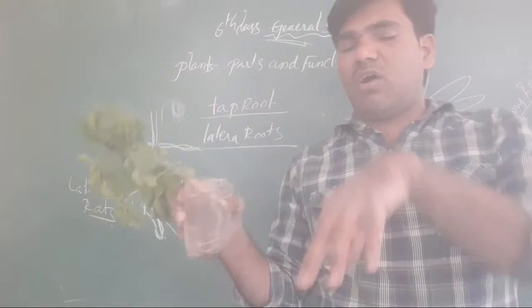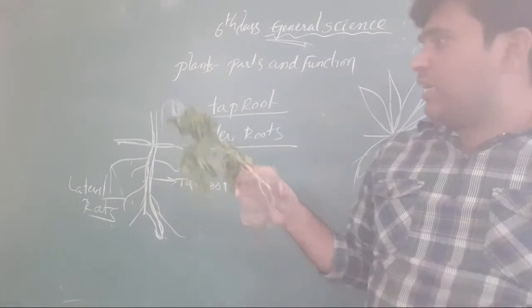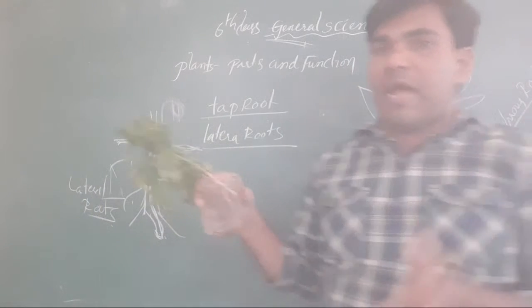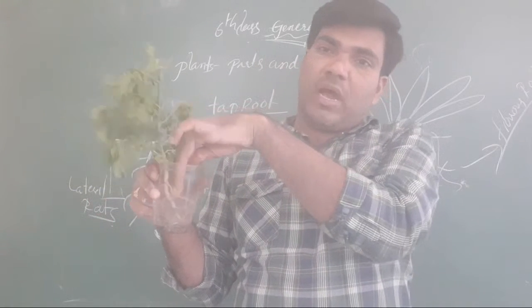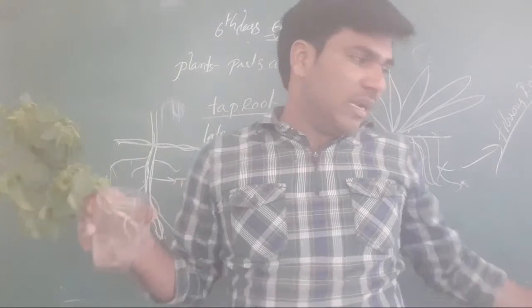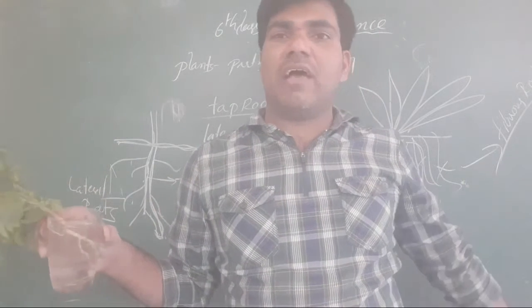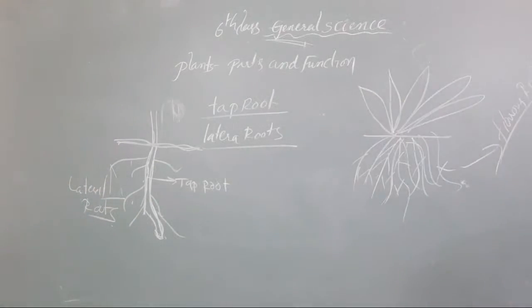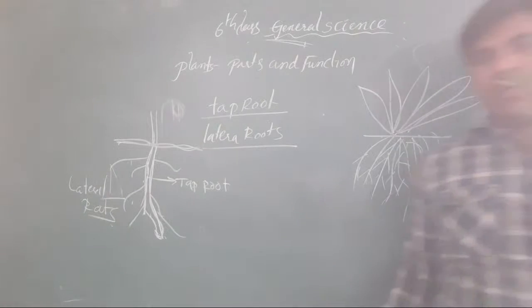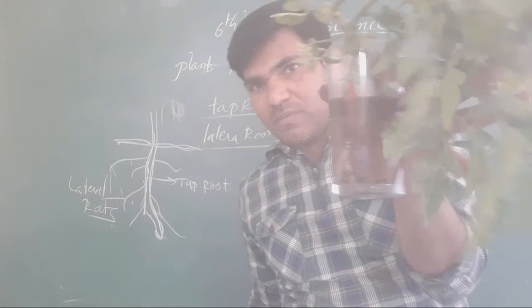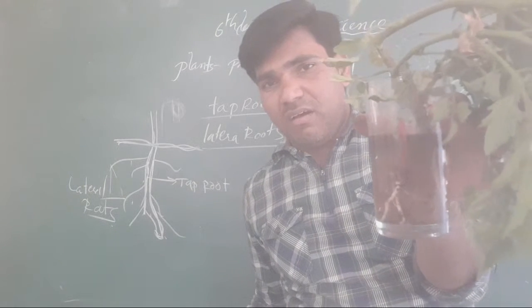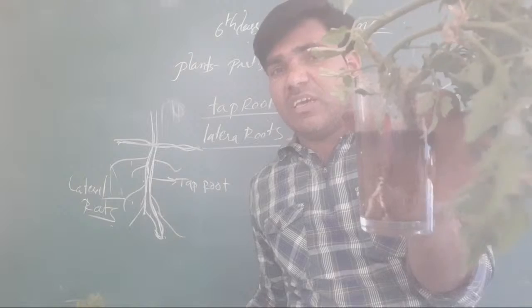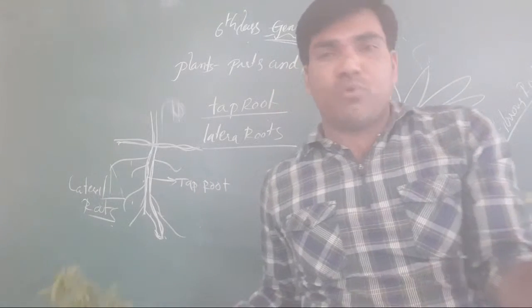Like that you have to take 2 plants. One plant is with neat water, with nothing added. And you take another glass of water and mix in the red color ink, and keep it there for 2 to 3 hours.